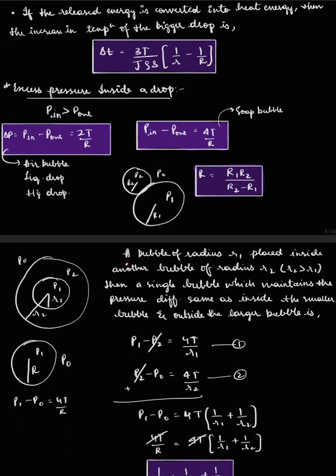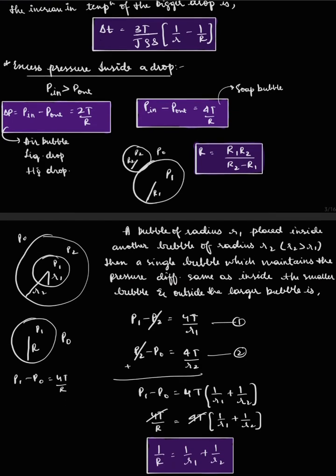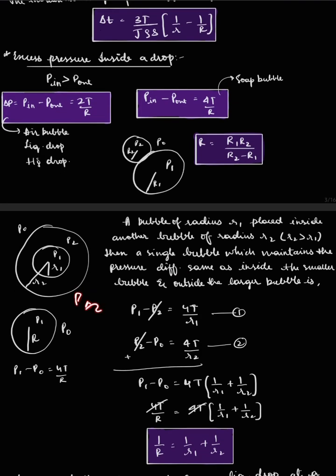Next, a bubble of radius r1 is placed inside another bubble of radius r2, where r2 is greater than r1. Then a single bubble maintains the pressure difference same as inside the smaller bubble and outside the larger bubble. Outside the larger bubble is P0 and inside the smaller bubble is P1.